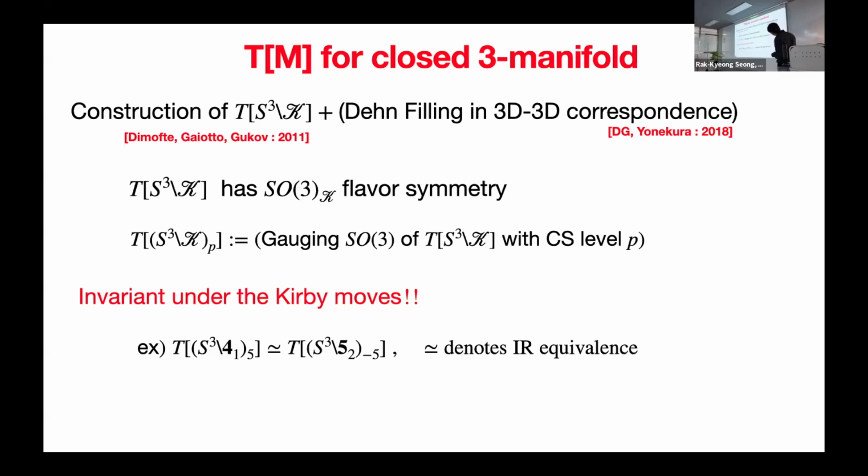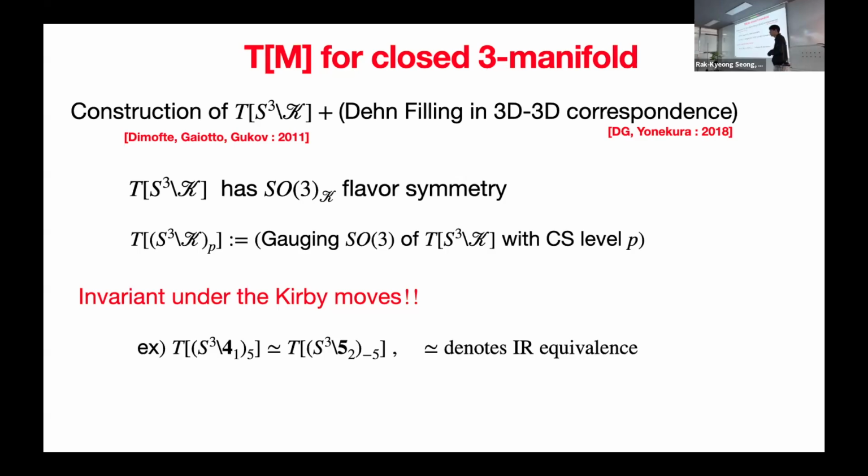And another beautiful aspect of this construction is that, although we haven't proved it, it seems to be invariant under the Pachner move. So a closed three-manifold allows several different triangulation descriptions, and each gives a different field theory construction, but they are all related by IR dualities.